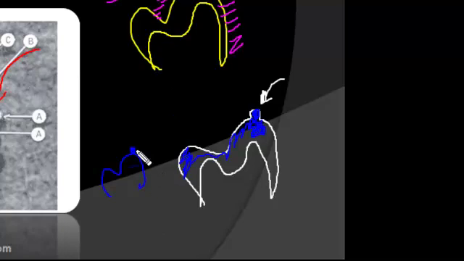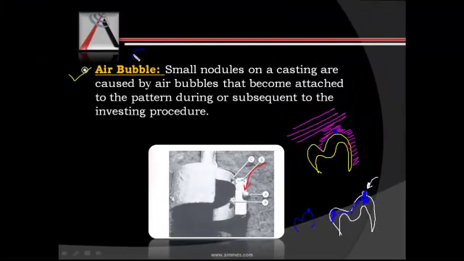So this nodule is caused because of the presence of air bubbles on the wax pattern. If this air bubble is in some non-critical area, we can just cut it off and polish the casting, that's fine, but sometimes it may be present in critical areas on the fitting surface and it may result in altered fitting of the casting.